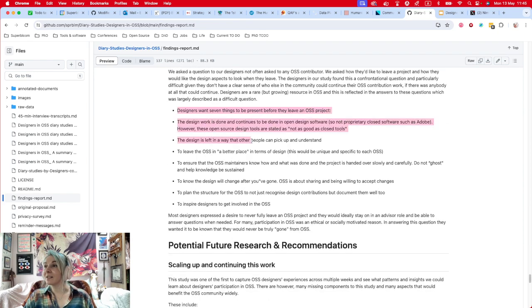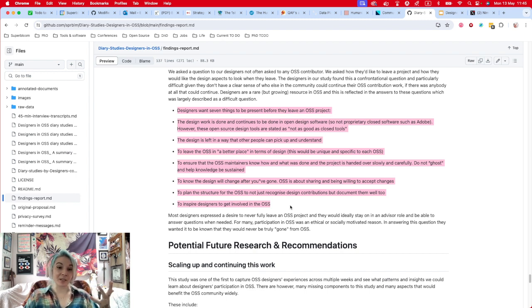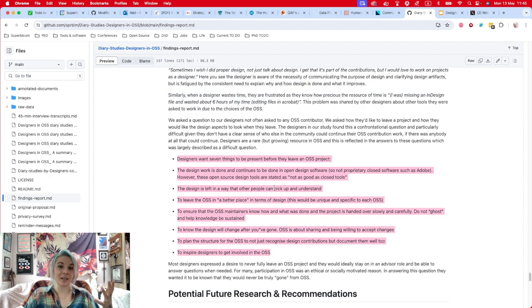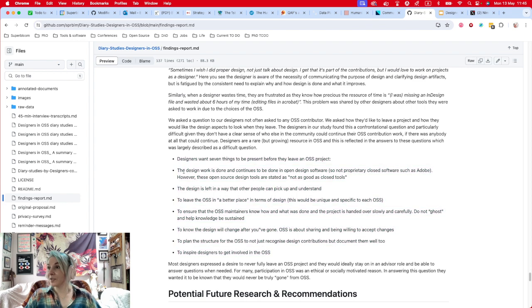But these are the things designers want implemented in a project before they would really consider leaving, unless it was like, I have to leave for my own sanity or health. So they want design work to be done and to continue to be done in open design software.